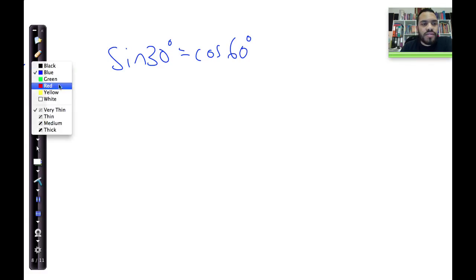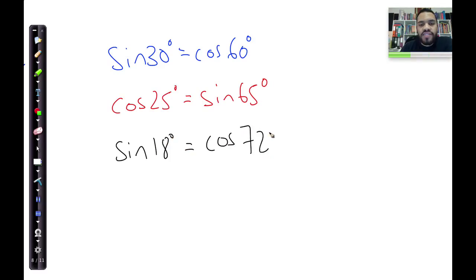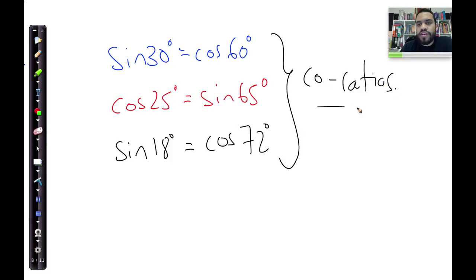What about cos of 25? That is equal to sine of 65 degrees. What about sine of 18 degrees? That is equal to cos of 72 degrees. All of those are examples of co-ratios or co-functions.